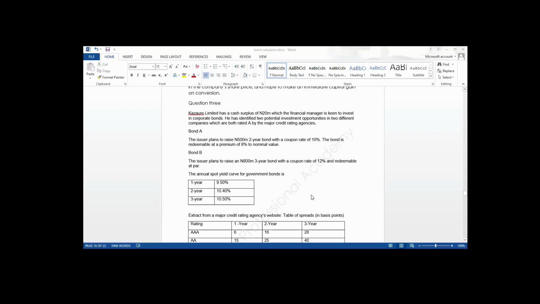I was thrown off temporarily by the network, but we are back. We said the market price of a redeemable bond is calculated as the present value of the expected future cash flows from the redeemable bond.